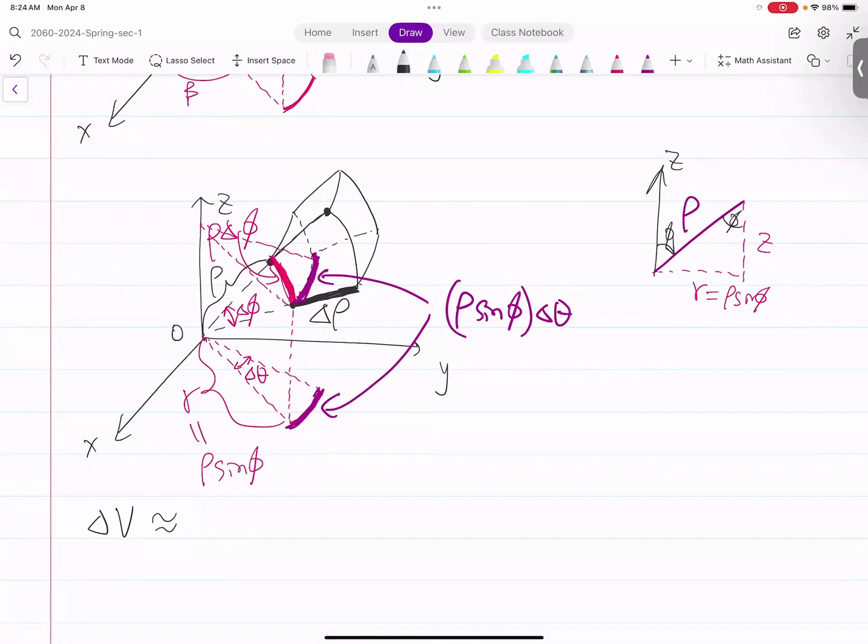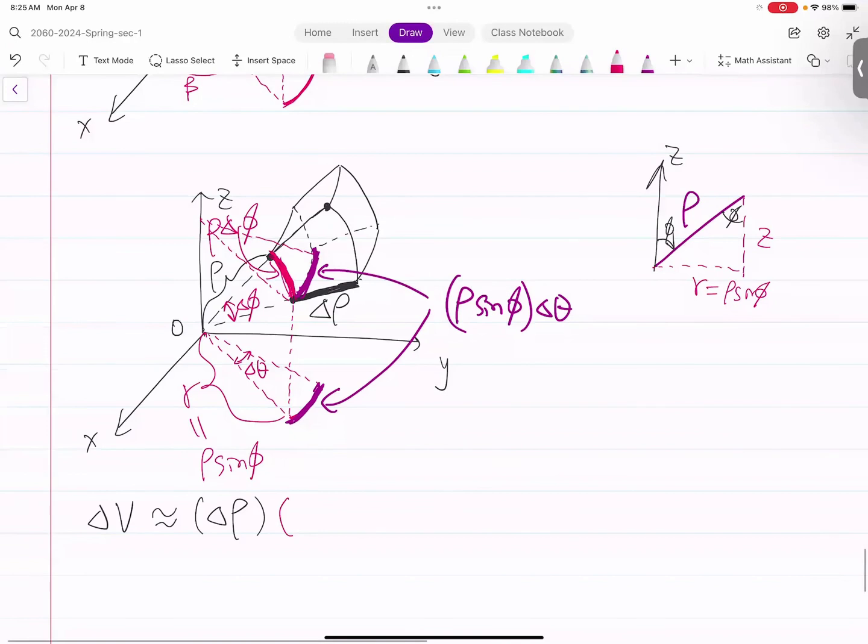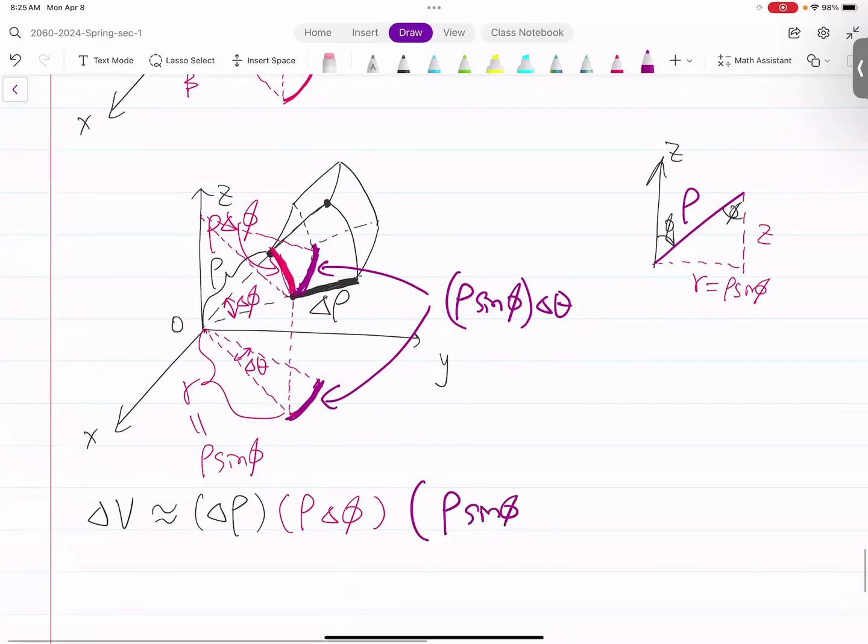So this is black delta rho multiplying by the red one, rho delta phi. Okay, so that's definitely relating to the distance rho. And finally, we have even a longer expression, rho sine phi.